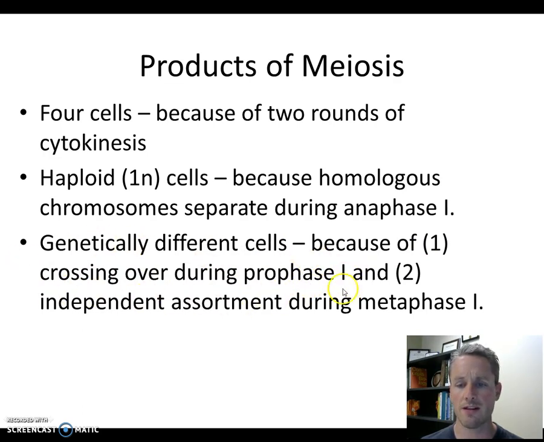So again, we'll talk more about the details of crossing over in another video at another time. The second reason that we get genetically different cells is that we had independent assortment of chromosomes during metaphase 1. And we'll look at the details of that a little later as well. But those 2 factors contribute to why our products of meiosis are different from one another.